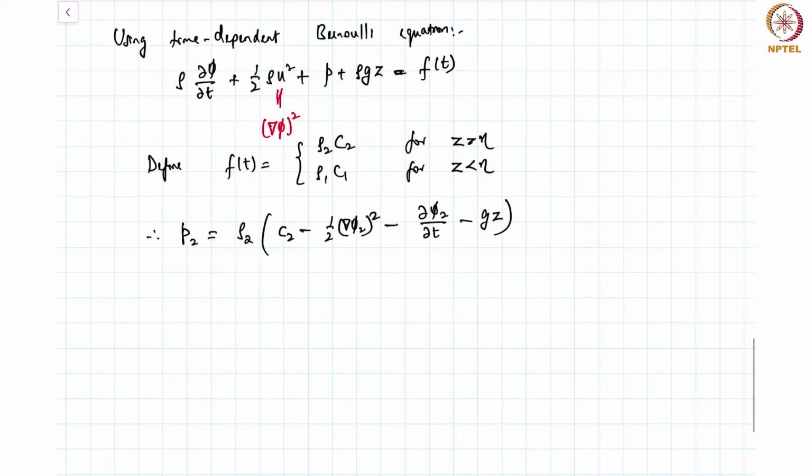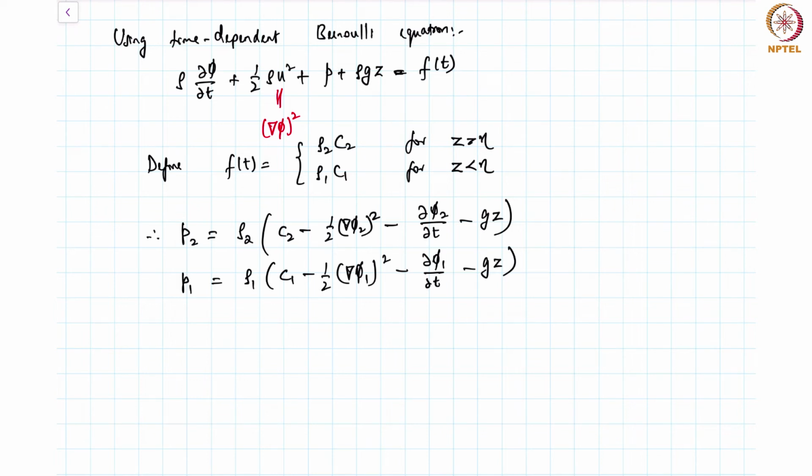This is for the upper fluid, and for the lower fluid I have rho 1 c1 minus half gradient of phi 1 whole square minus del phi 1 by del t minus gz. Correct? This is what I have.